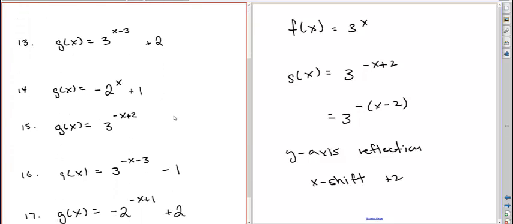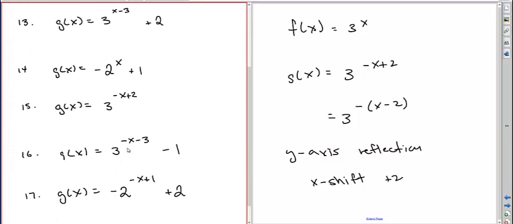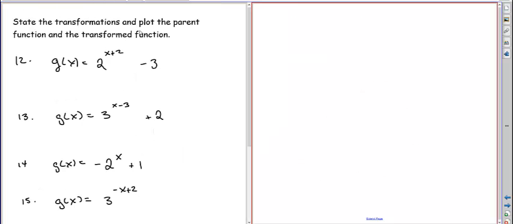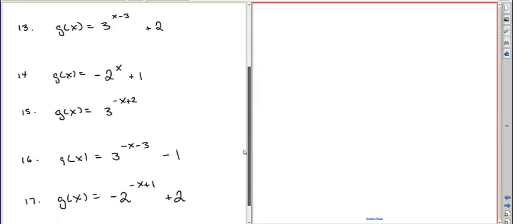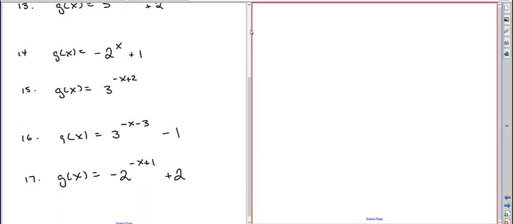Okay, number 16, we're getting there. So again, this is going to have a y-axis reflection, but we have both an x and y shift. So our parent function is 3 to the x, and our transform function is 3 to the negative x minus 3 minus 1.